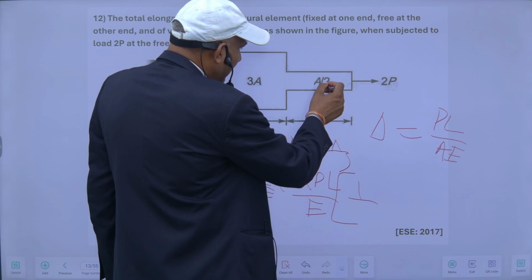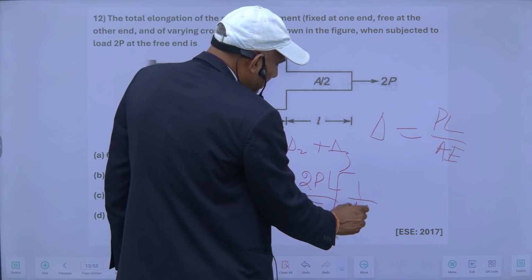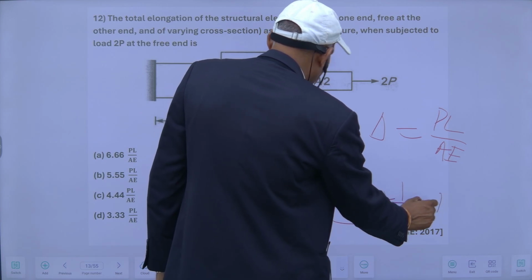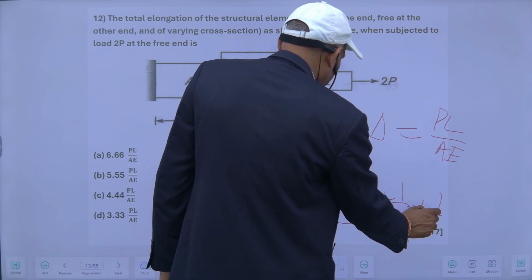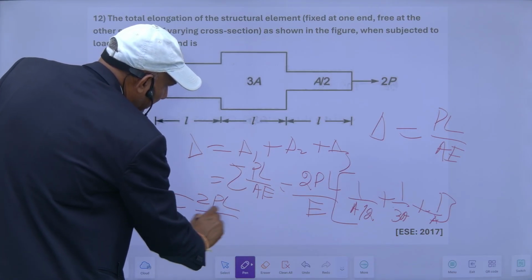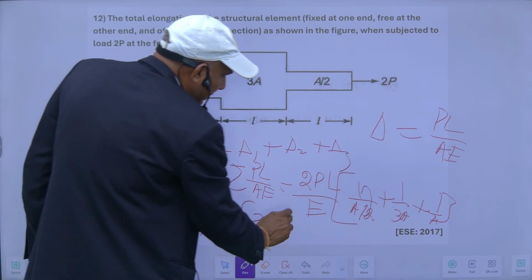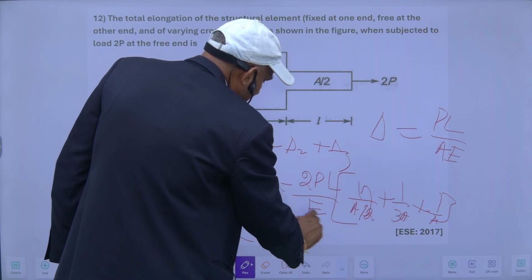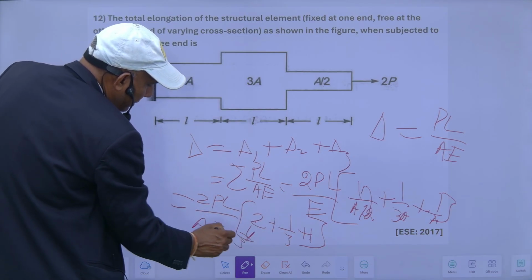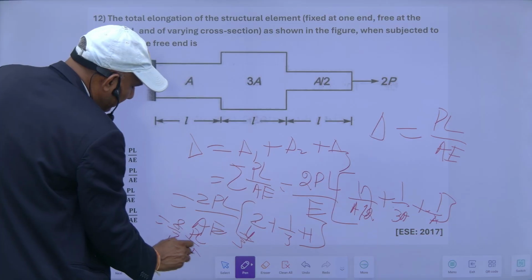So 1 upon A by 2 plus 1 upon 3A plus 1 upon A. So 2PL upon AE you can take common, and inside it will be 2 plus 1 by 3 plus 1. So this is 2 plus 1 means 3, 3 plus 1 by 3 means 4 by 3.